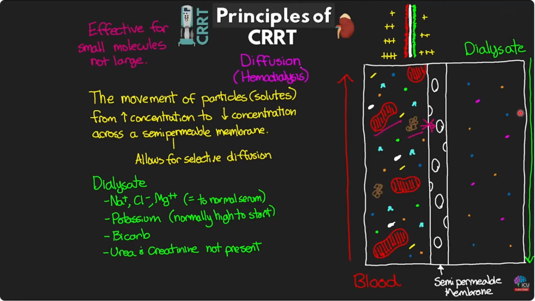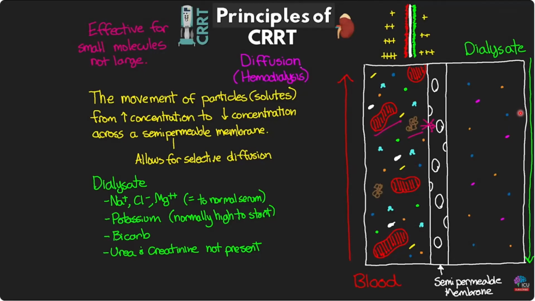So all the particles in the blood, which has a higher concentration, are going to move through the semipermeable membrane, which picks and chooses which molecules actually come over into the dialysate. Then the dialysate carries that right out into the waste line, and the blood returns to the patient with fewer particles, including, like I said, those electrolytes that are usually maintained by normal, healthy kidneys. So the dialysate itself actually contains sodium, chloride, and magnesium.